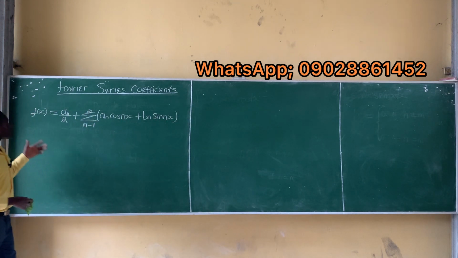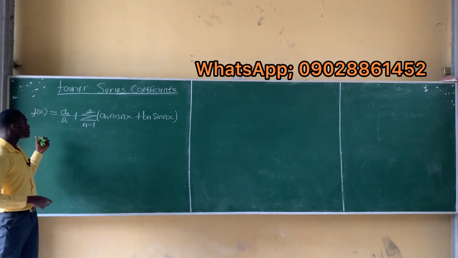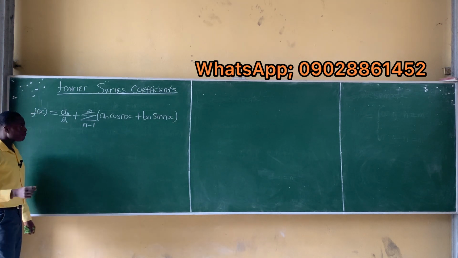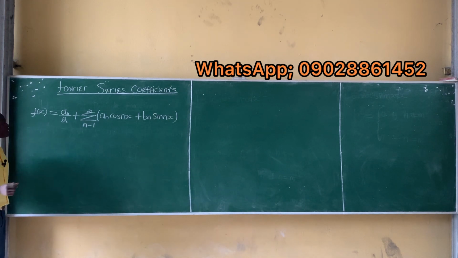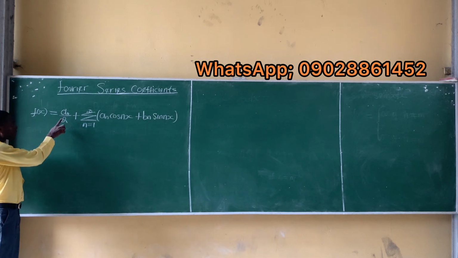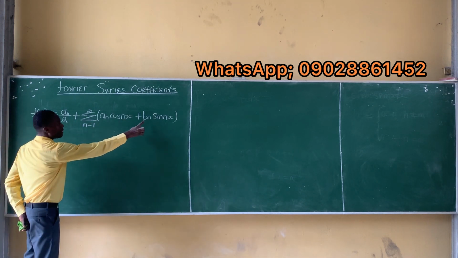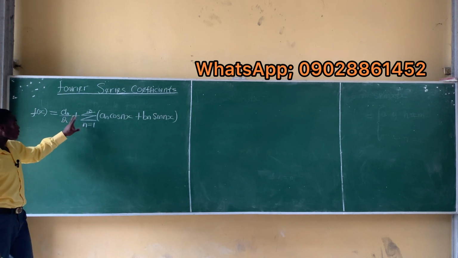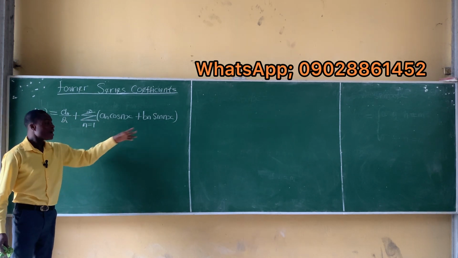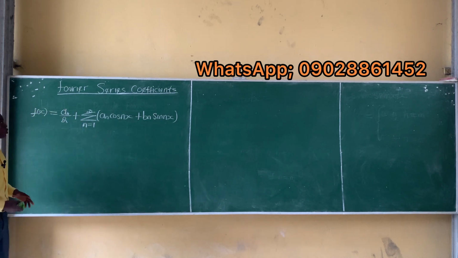So this is the Fourier series expansion for any given function. Now, ask yourself, what are these Fourier series coefficients? Obviously, we have a naught, a sub n, and b sub n as constants. So these constants, a naught, a sub n, and b sub n, are the Fourier series coefficients.